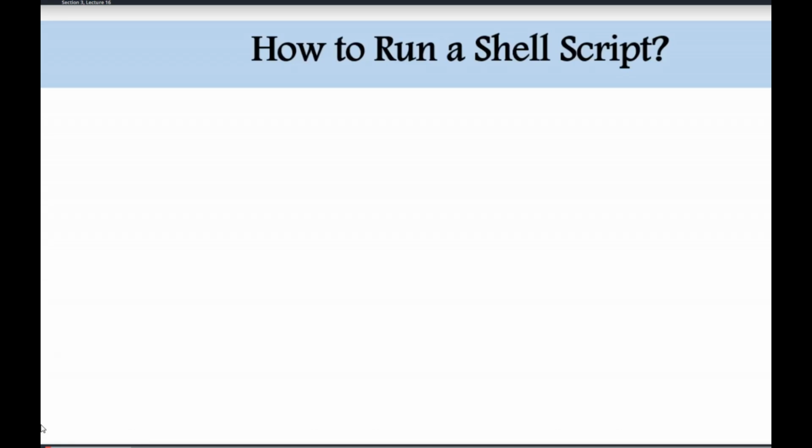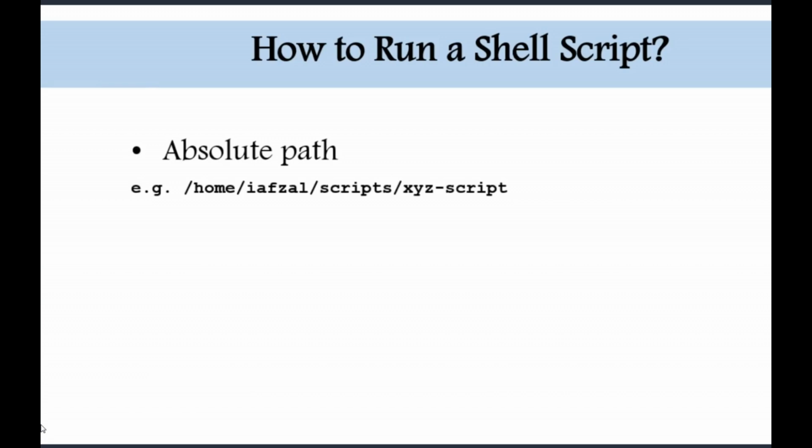One of the basic things that we should know is how to run a shell script. When you create it, there are different ways you could run it. You could run it through an absolute path, or there's another one called a relative path. Absolute path is if, let's suppose, you are standing right at the first step of a stairs and you have to pick up something on the very last stair on the top.